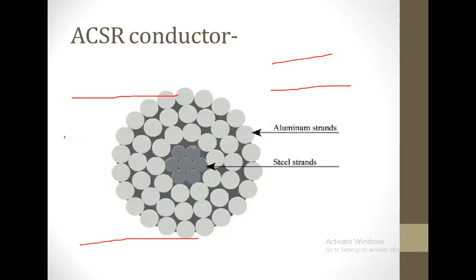That means this much amount of strands will be present in one ACSR conductor. So this is the total diameter of the conductor, and it can be denoted by the capital D.